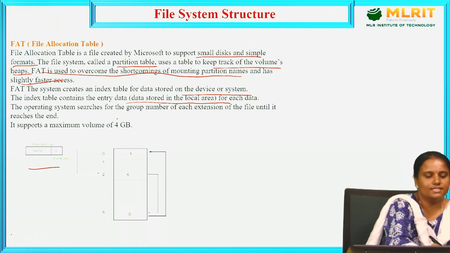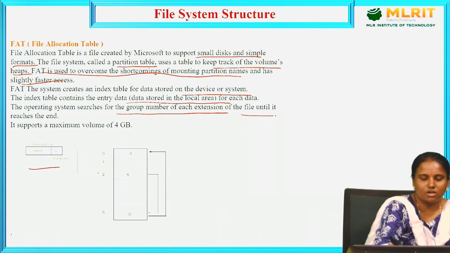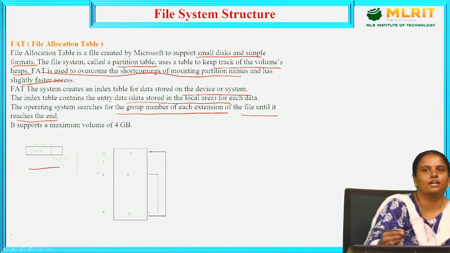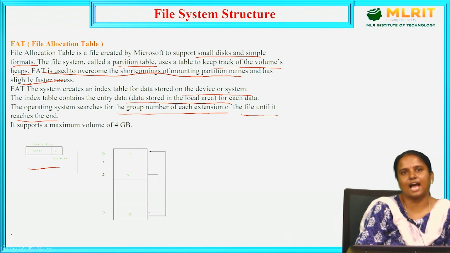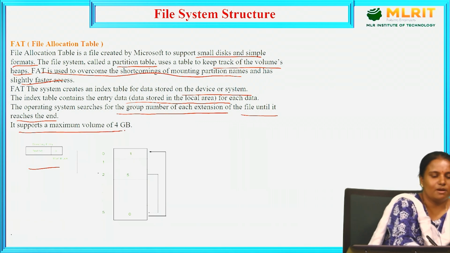The operating system searches for the group number of each extension of the file until it reaches its end. So from where the file starts, until it goes to the end of the file table, only then does it exit. It supports a maximum volume of 4 GB.